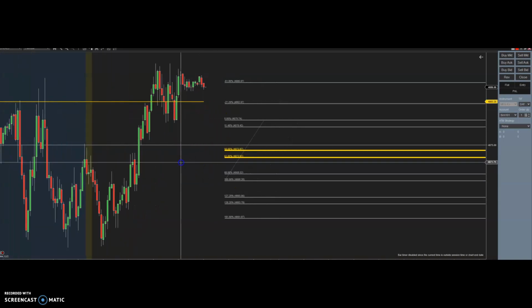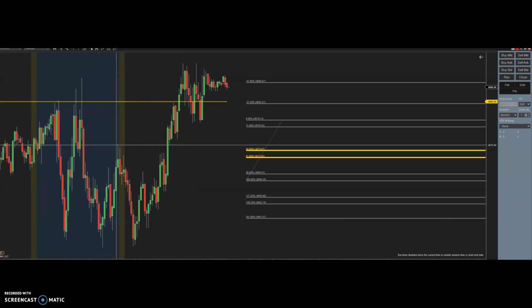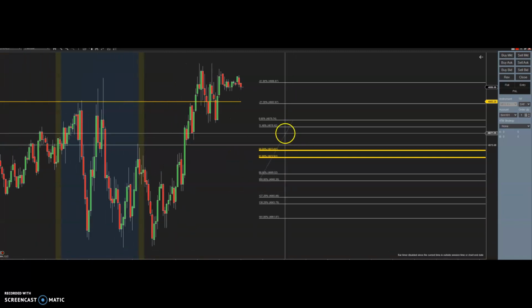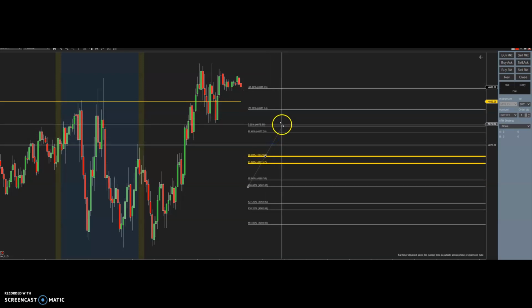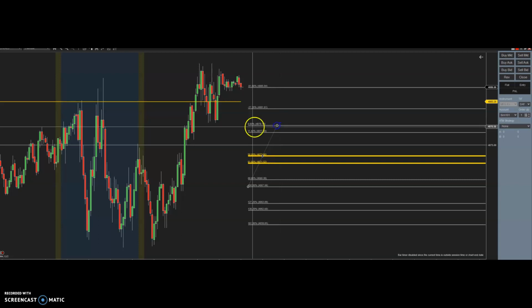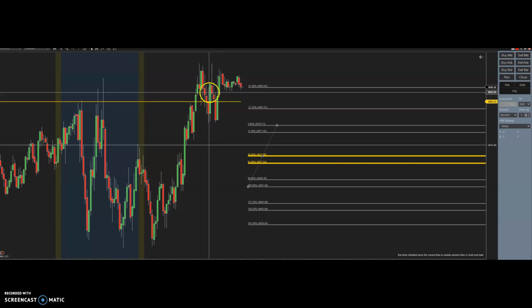Welcome to this session of breaking down the Fibonacci. Now, the Fibonacci is a tool in our toolbox that we could use to measure the strength of the pullback, retracement, correction.